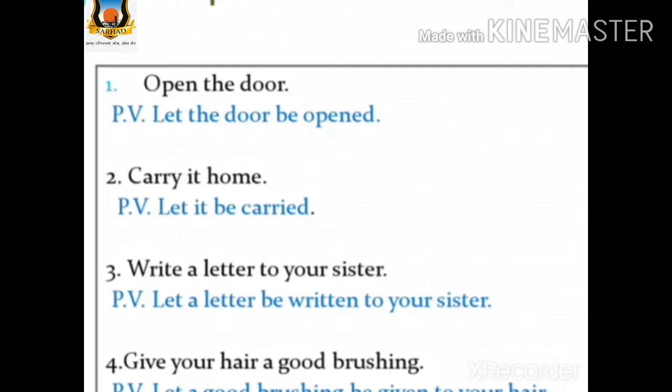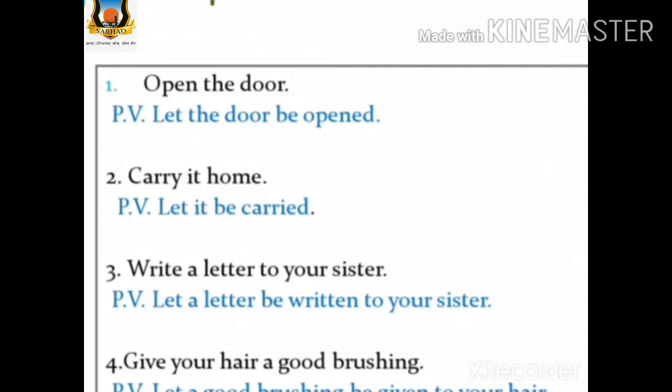Okay, so write a letter to your sister. How will it come according to the formula of the imperative sentences into a passive voice? Let plus our object, a letter, plus be plus past participle of the verb write, wrote, written, and then the remaining part of our sentence.